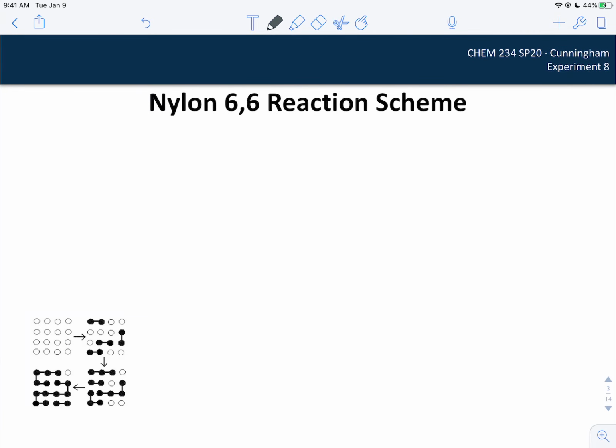So let's take a look at our nylon 6,6 reaction scheme. We are going to start this with adipic acid, which is a dicarboxylic acid. We'll fill all those lone pairs in so we can keep track of our electrons.